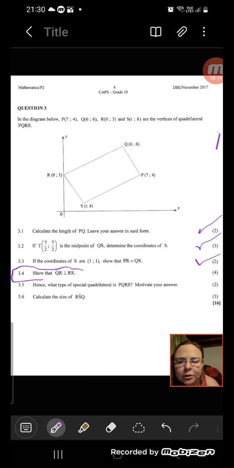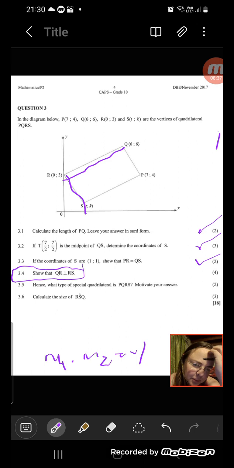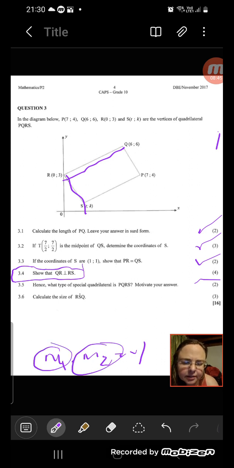Aha, look at our next formula. What was the next formula? The formula number 4 was M1 times M2 equals minus 1. Show that QR is perpendicular to RS. Show that those 2 lines are perpendicular. Now, this is for 4 marks. So, we don't know the gradient yet, because it's when 2 gradients multiplied give a product of minus 1.